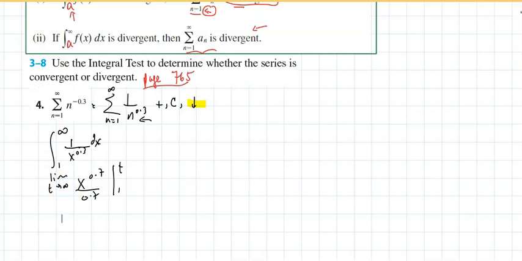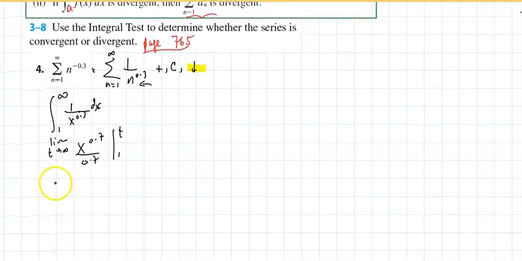That would be the limit as t approaches infinity of t to the 0.7 over 0.7 minus 1 over 0.7.